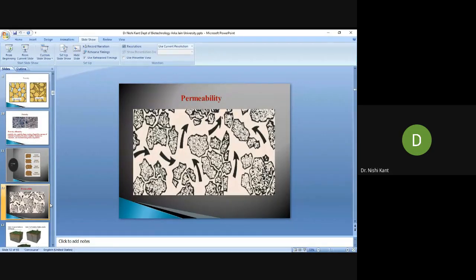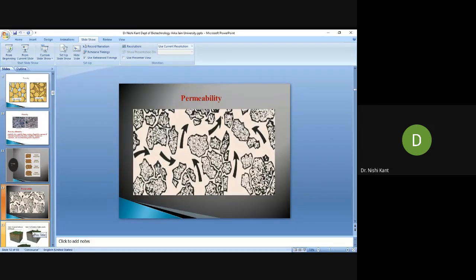Factors on which permeability depends. Permeability depends not only on the size of the grains of the rocks but also on their packing arrangements. Looser packing is expressed by higher porosity, which means higher permeability.